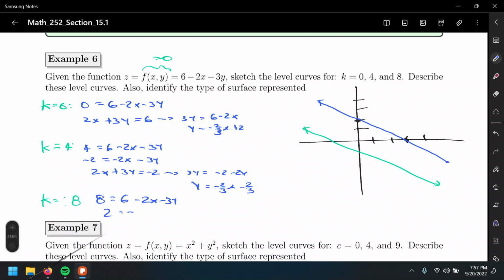That's 2 equals negative 2x minus 3y, which essentially is going to be 2x plus 3y equals negative 2. I'm going to solve for y again. That's 3y minus 2x equals negative 2x minus 2. And y equals, wait a minute, am I getting the same result?